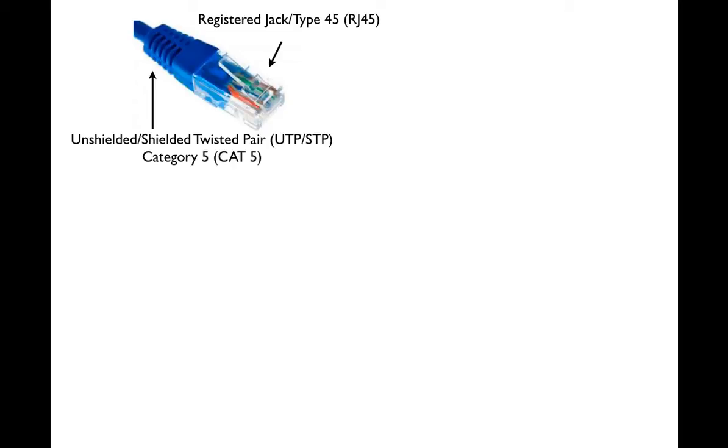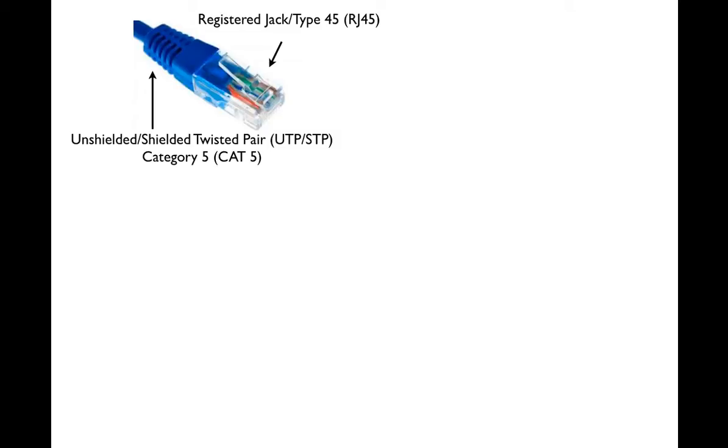The Category 5 cable is designated a category by the number of twists per inch in the cable to try to eliminate the effects of electromagnetic impulse. So we have an unshielded twisted pair, or UTP or STP Category 5 cable with a jack, or registered jack type 45, or an RJ45.